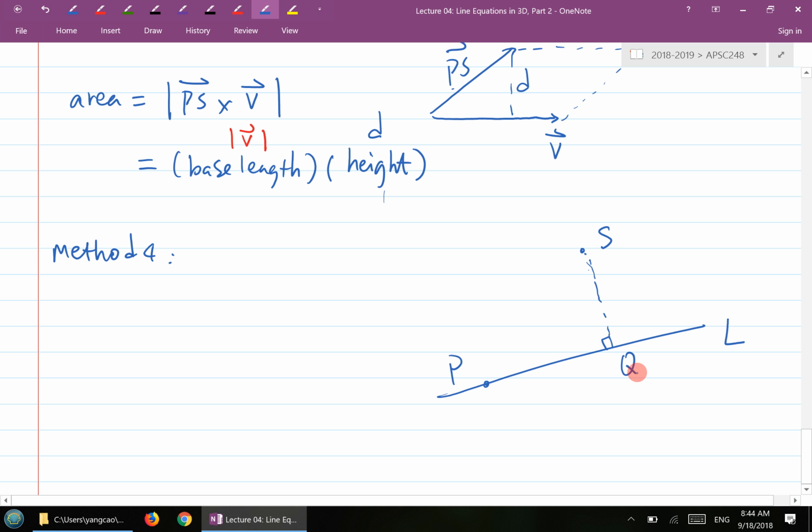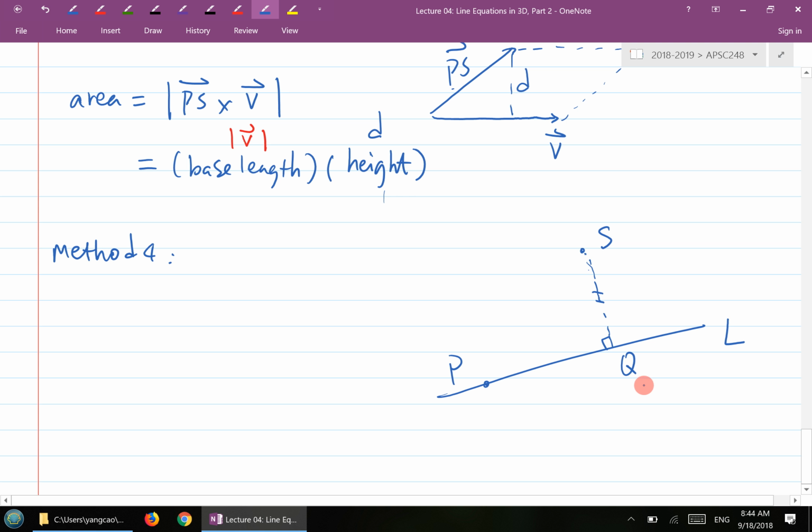So if I can find the coordinates for the point Q, then I can find the distance between Q and S. That makes sense, right? And that's a very natural thinking too. But of course, we just don't have the Q for now, right?